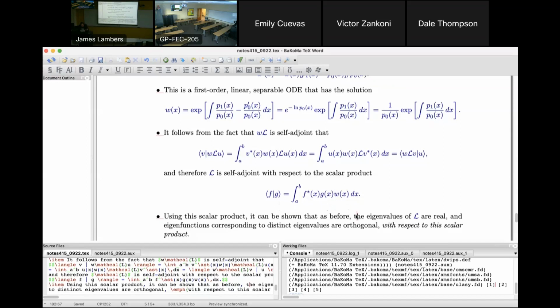And what you end up with is that the eigenvalues are real. The eigenfunctions are orthogonal, but with respect to this scalar product.